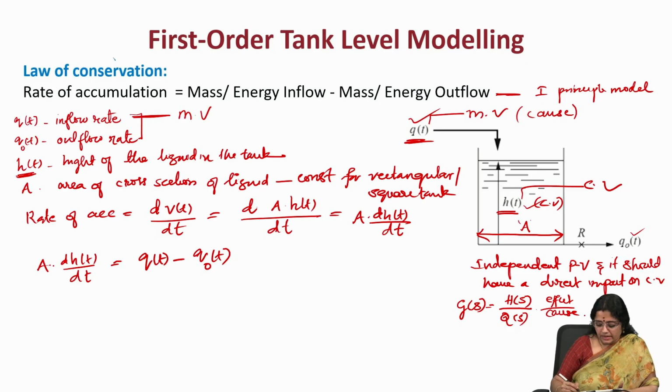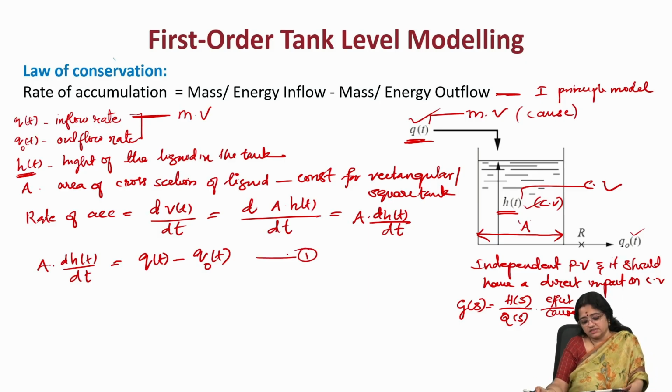Right. So coming back to the conservation law equation that we applied here, A dH of t by dt is equal to Q of t minus Q naught of t. Here we already learned that Q of t is independent, so we don't need to change its identity, but Q naught is a dependent variable because it is directly dependent on the height of the liquid in the tank.